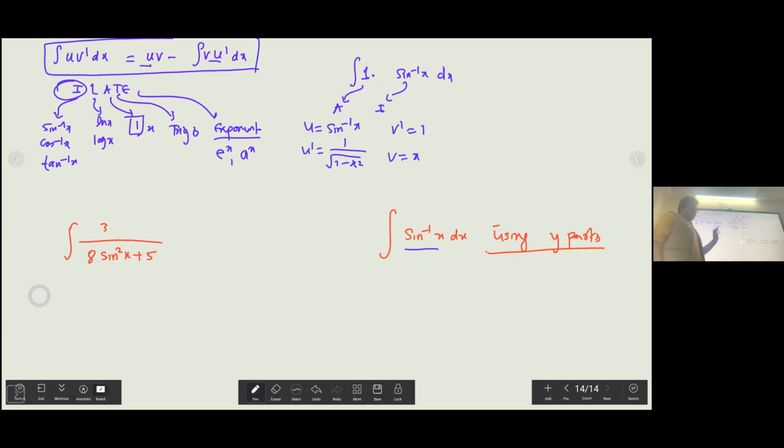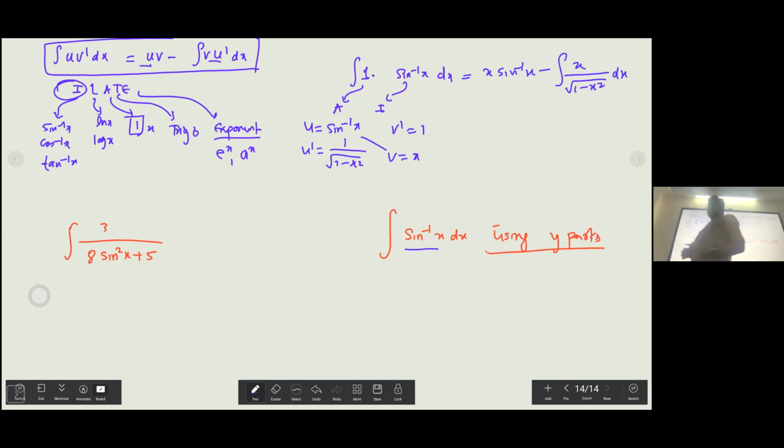So v is x. Now you put it in the formula. So the formula is u times v, that's x sine inverse x, minus integration of v u dash, x upon root 1 minus x square dx.